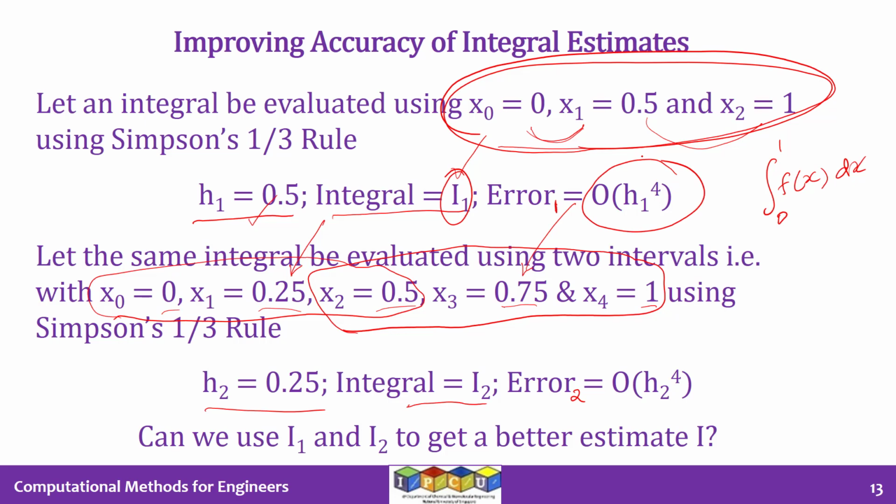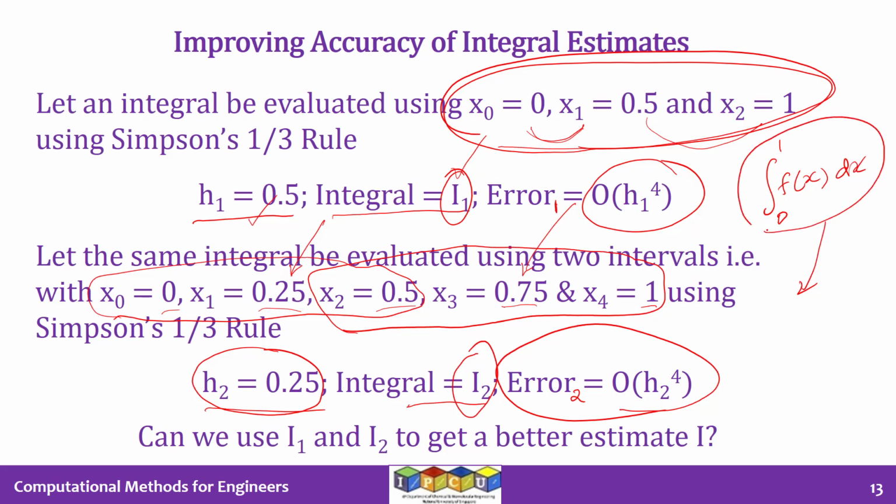In the second case, we are doing the same integral based on 5 data points. So h2 turns out to be 0.25. Let's say the integral computes to I2 and the error is of the order of h2 to the power of 4. Now we know I2 would be a better estimate than I1 of the integral that we are seeking, simply because I2 is based on a finer grid size.